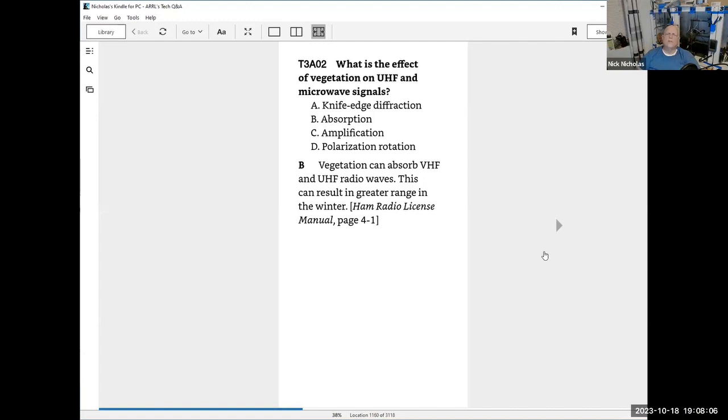What is the effect of vegetation on UHF and microwave signals? Well, as you get higher and higher in frequency, a lot of people think trees and leaves are just made of wood. They are, but in the trees and in the vegetation, in the plants, are saps and fluids.